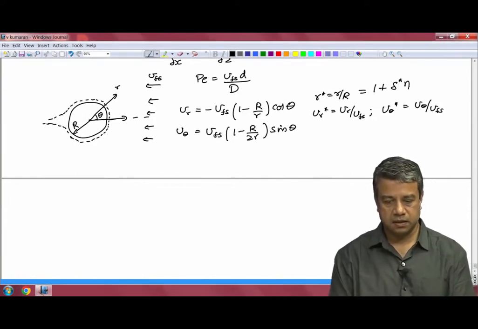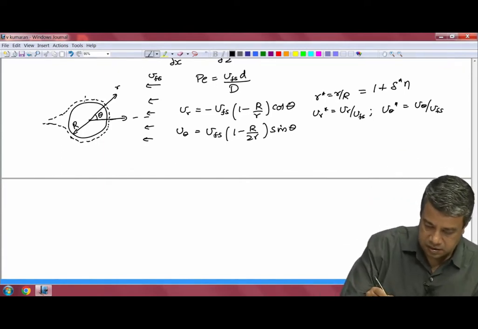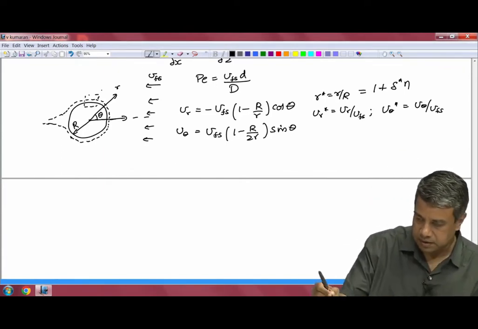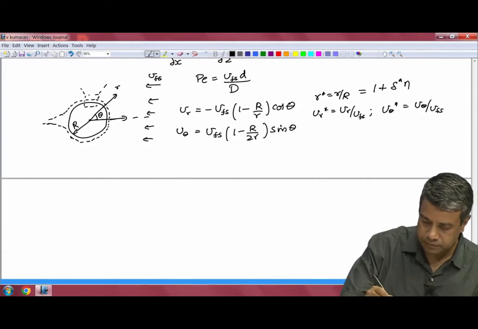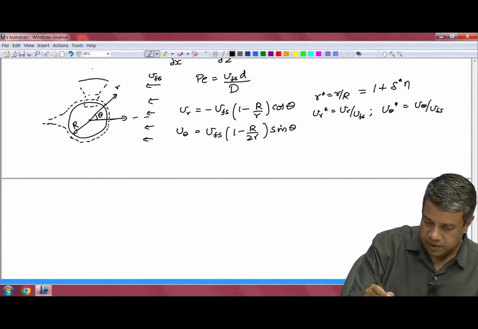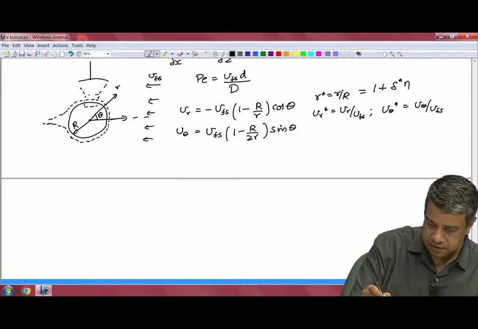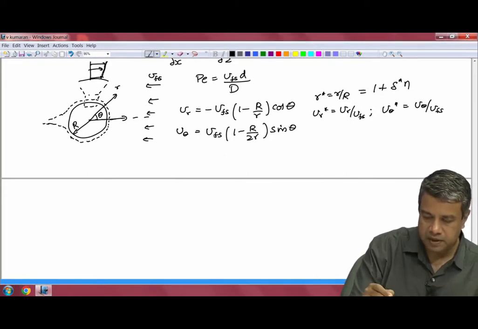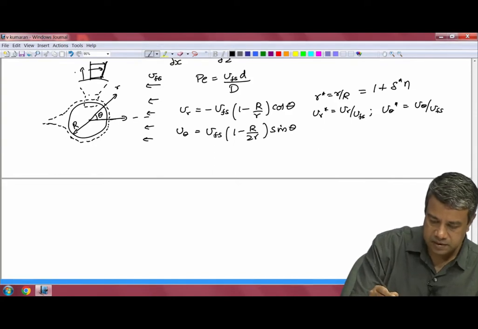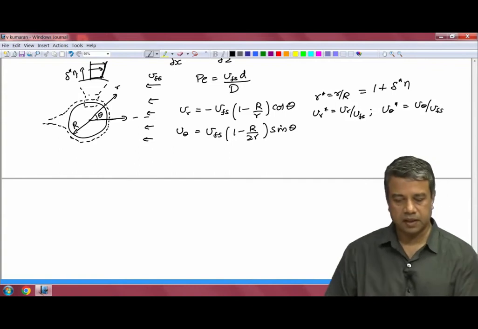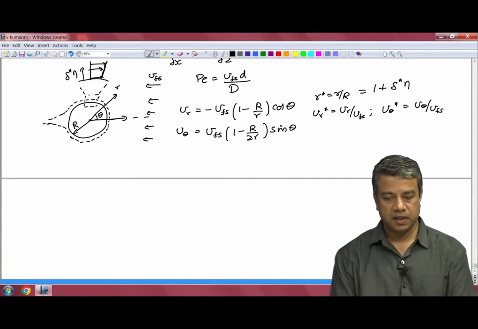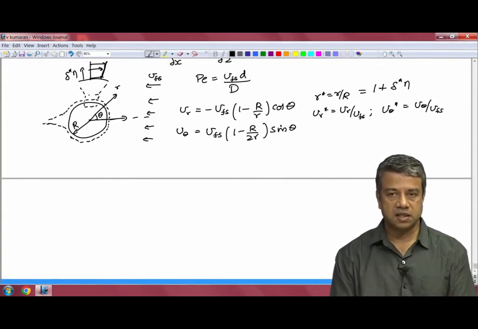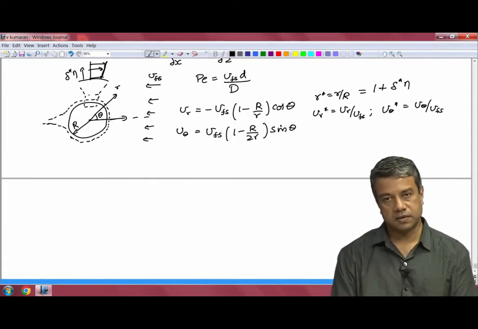That is, in this boundary layer I have flow past the surface, and the distance from the surface is equal to delta star times eta, where eta is the similarity variable and delta star is the scaled boundary layer thickness. So, that substitution is made for R star.